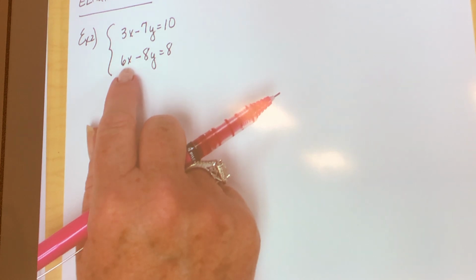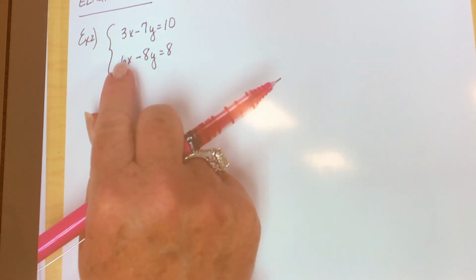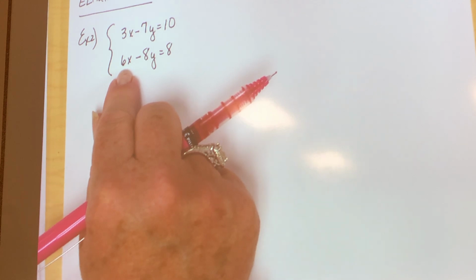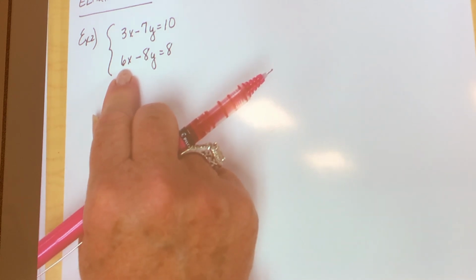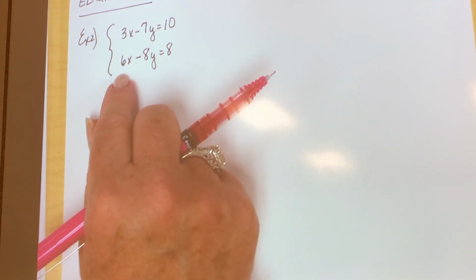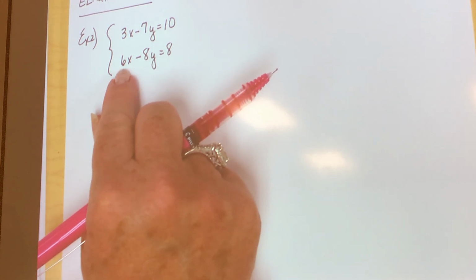Least common multiple is the smallest number that both of these will divide into. So here's the thing, a lot of kids are saying 3. Will 6 go into 3? Y'all, that's not a least common multiple. It has to be at least as big as the biggest number, okay?